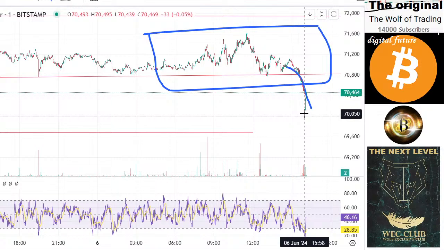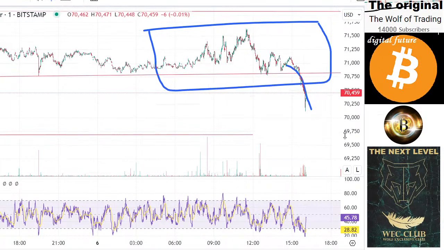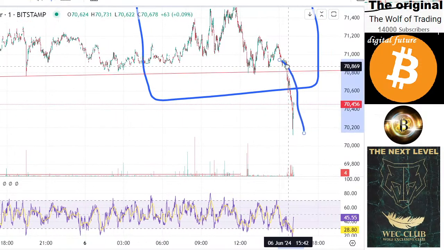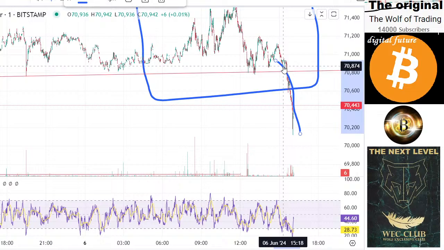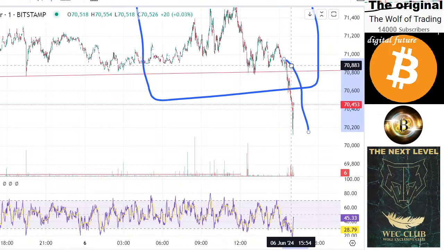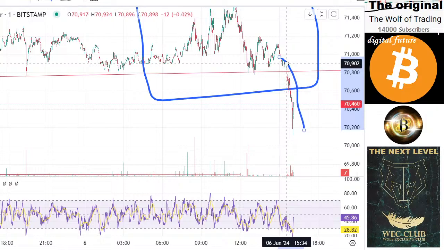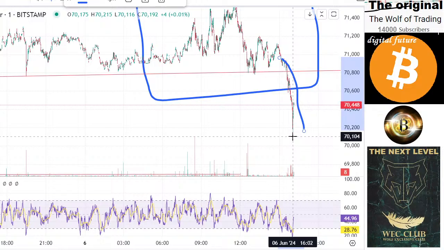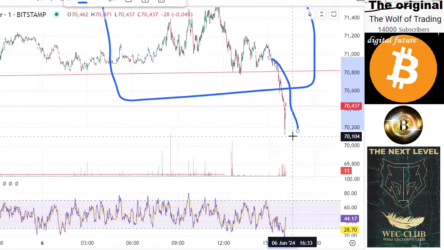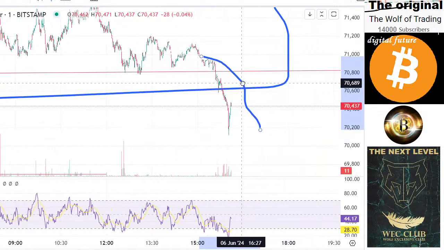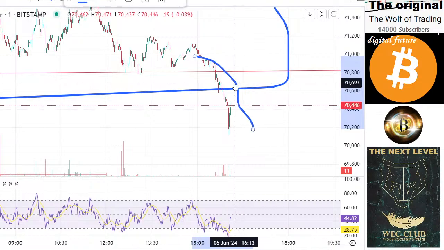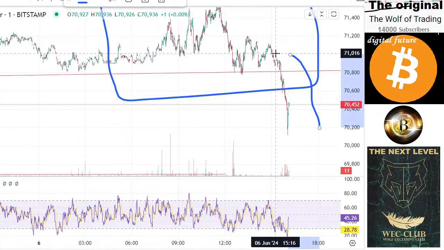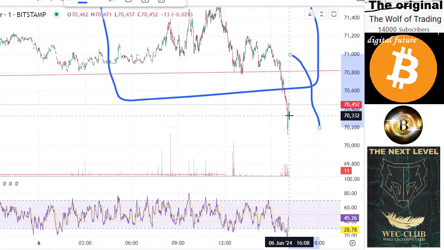The prediction I made, this was the beginning of the live stream. No fake here, all reality. This was the prediction, and you can see what happens. You can see the power of this analysis. This was the line I made before the live stream, and you can see what happens during the live stream. The price is going to the downside.